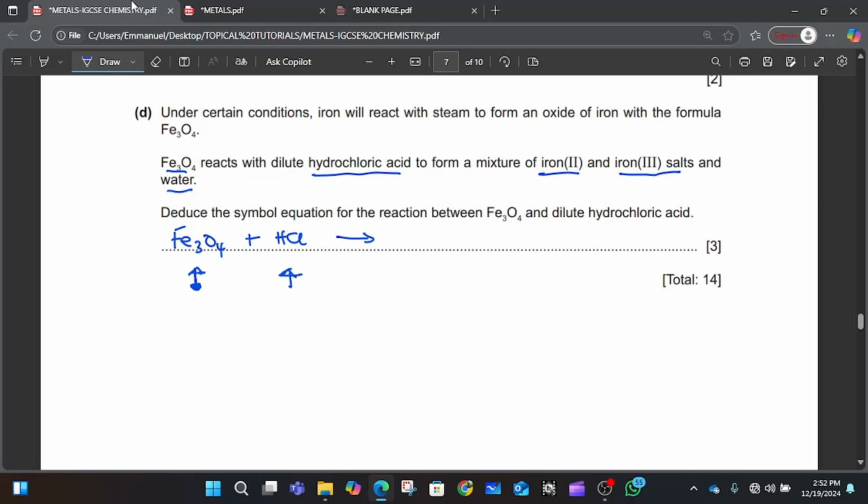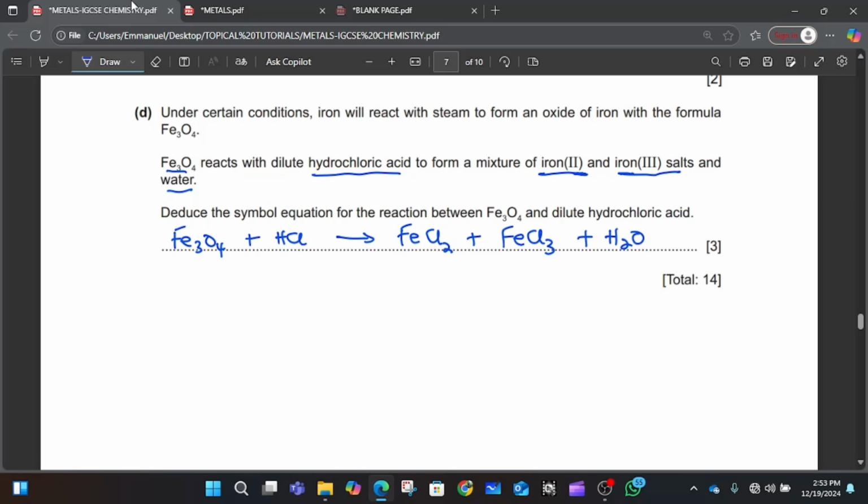So anytime a base and an acid react, we get salt and water. And from the question, we're told that we are getting iron 2 salt and iron 3 salt. So these two salts have to be iron 2 chloride, that is FeCl2, plus iron 3 chloride, that is FeCl3, then plus H2O.